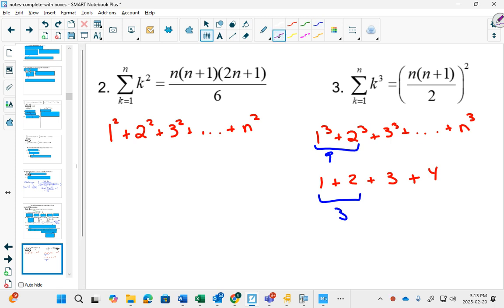If you add up 1 plus 2 plus 3, you get 6. If you add 9 plus 27, you get 36, which is 6 squared. We do 4 of them. You add 1 plus 2 plus 3 plus 4, you get 10. 4 cubed is 64. 64 plus 36 is 100.